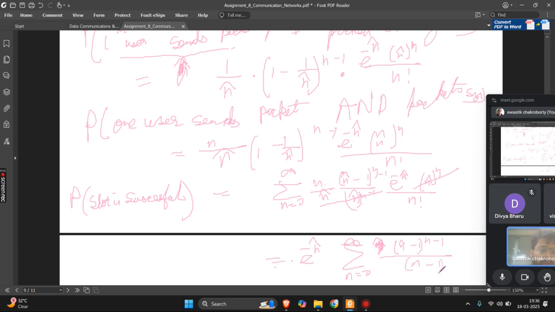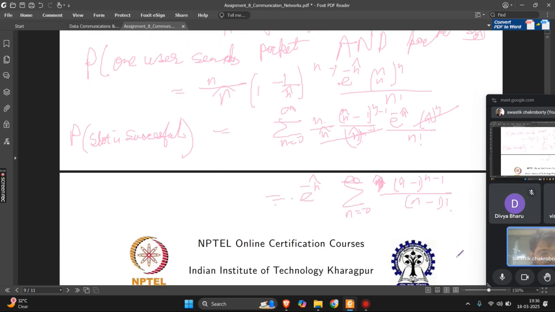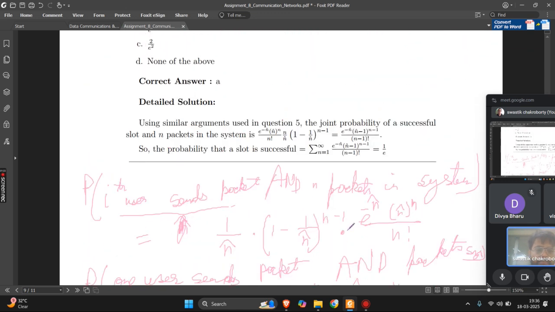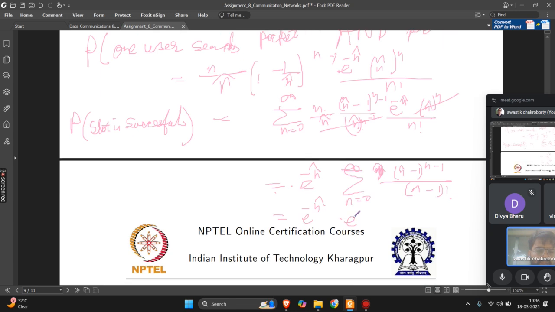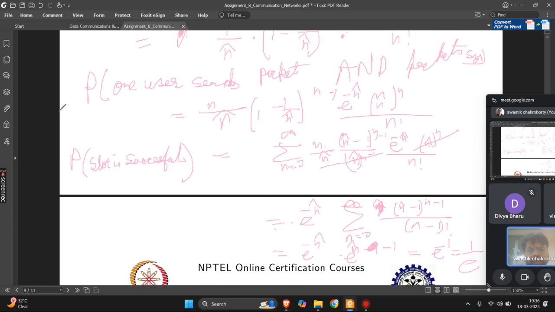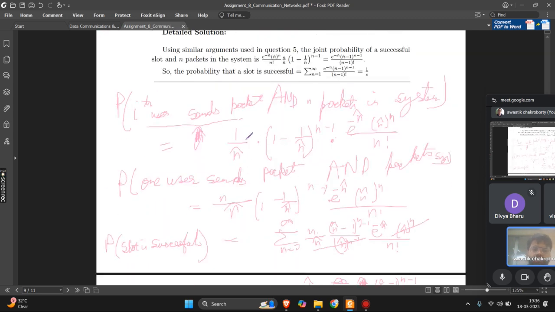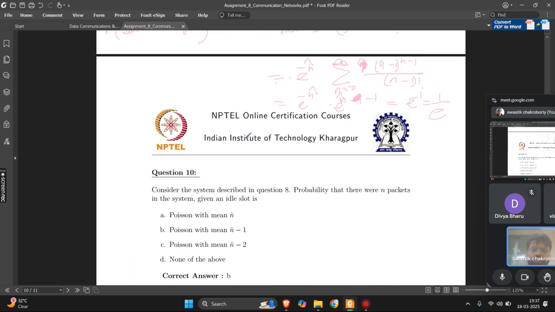Now since n is going to infinity, n minus 1 and n are in the limiting condition equal. So this is again e to the power n hat minus 1. If you add them, again you will get e to the power minus 1 or 1 by e. So the slot being successful and the slot being idle have the same probability of 1 by e. So what is the probability of the slot being a failure?